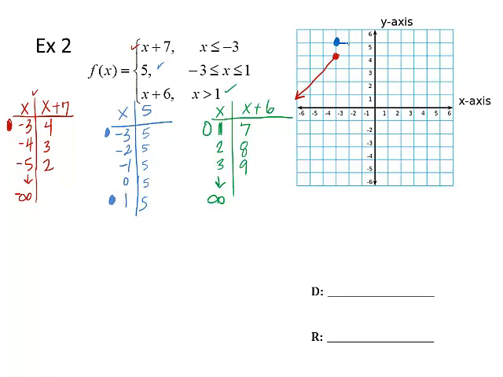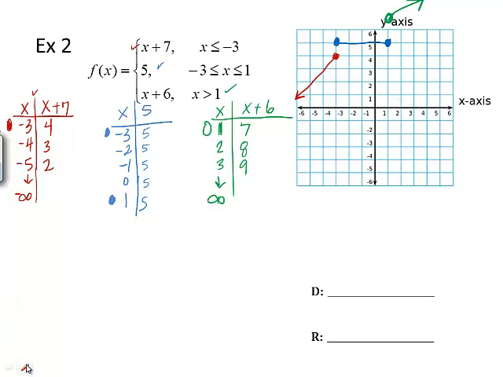And it's going to stay at 5 until I get to x equals positive 1. And then this last equation, at (1, 7), so it's just a little bit off the graph, it's doing this. And to 8, to 9, so it's going this direction. This graph doesn't quite give me enough space, but you get the idea.